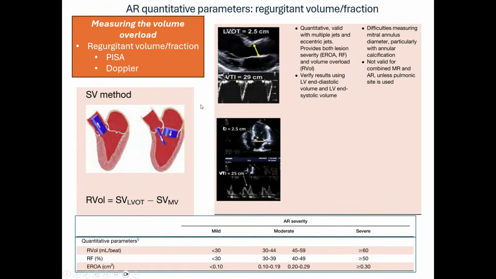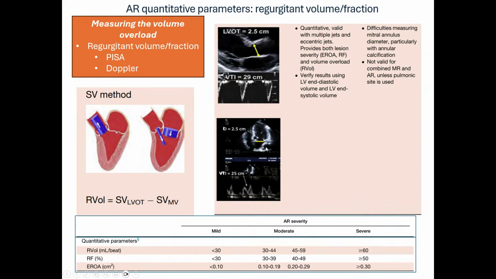Okay, now this is full-blown quantitation, along with PISA. So you can measure the flow in the aorta, and you can measure flow in the mitral valve, and because you have aortic regurgitation, this flow using diameter and TVI will be higher than the flow through the mitral valve. The challenge here is measuring the mitral valve annulus, which is prone to error.